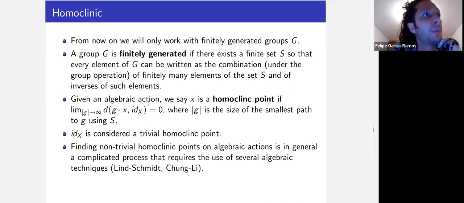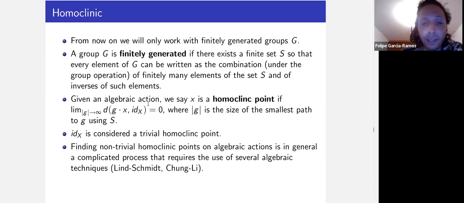And I think maybe these papers, Lind-Schmidt and Chung and Lind, are not so much interested in the thermodynamic formalism. I think they are more interested in what kind of algebraic tools you need to prove the existence of homoclinic points. I think that's the main reason.